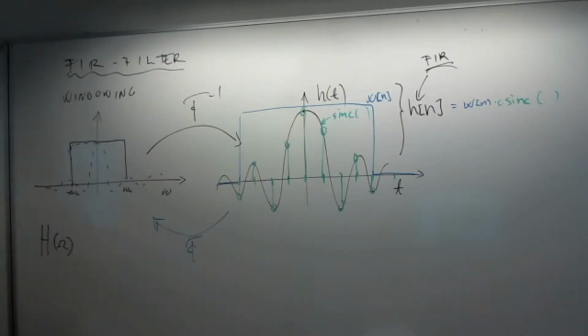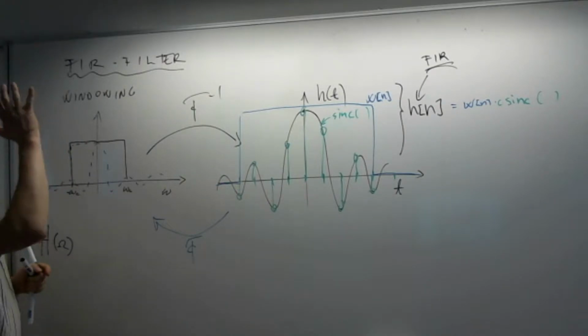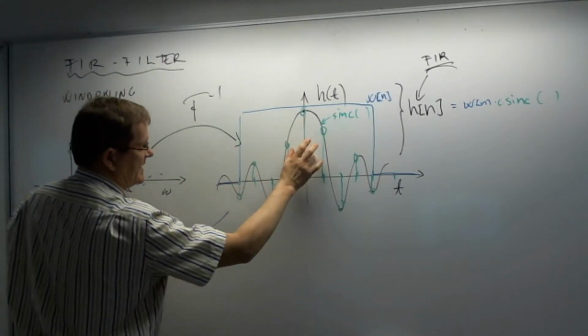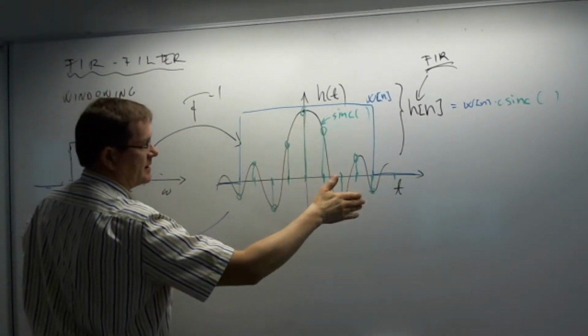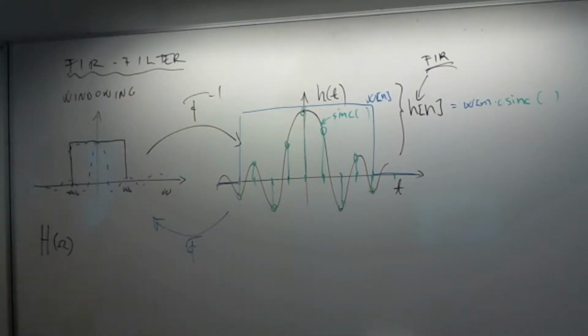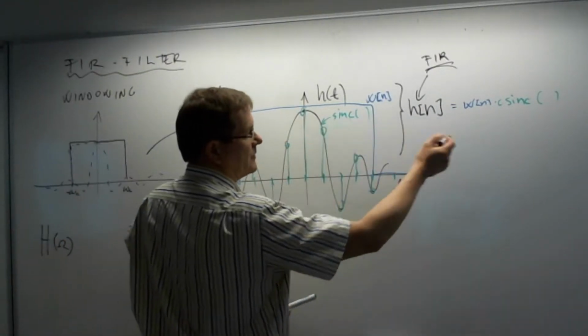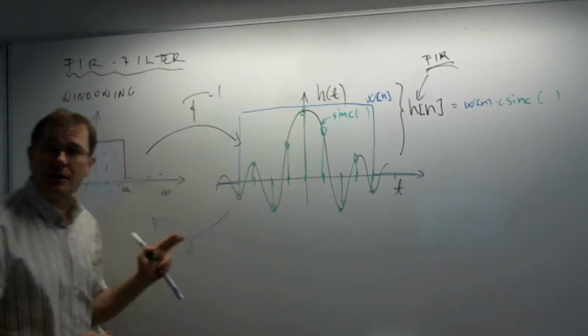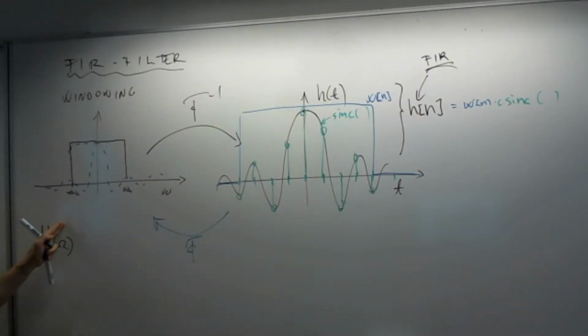The same way as all these filters are working, we are doing convolution between the signal and the impulse response, and the output is the signal when you convolve it. So if you have multiplication here, it's convolution here.